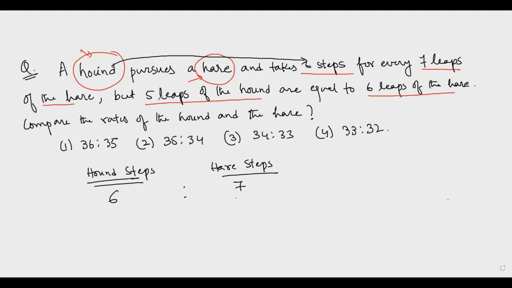Now, second one: 5 leaps of hound are equal to 6 leaps of hare, right?